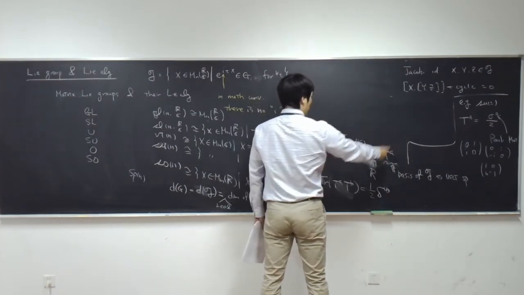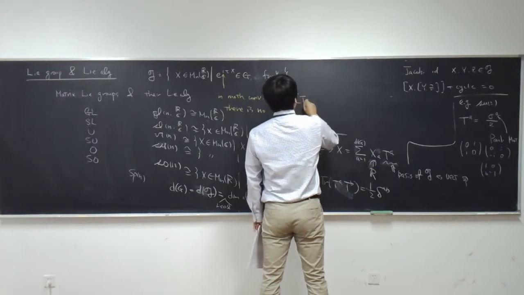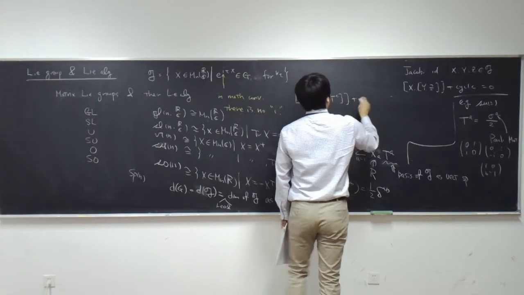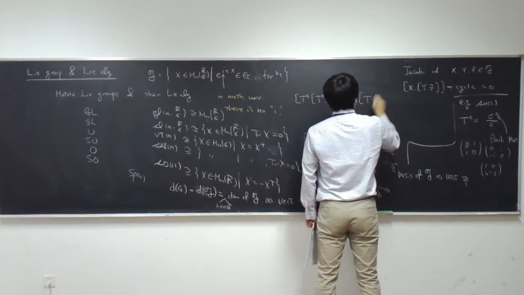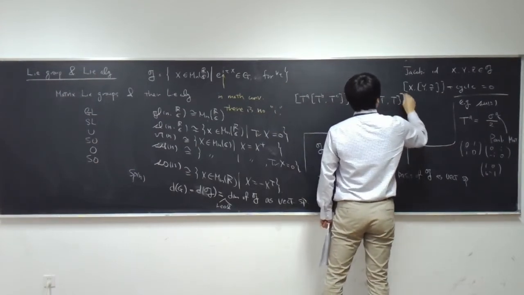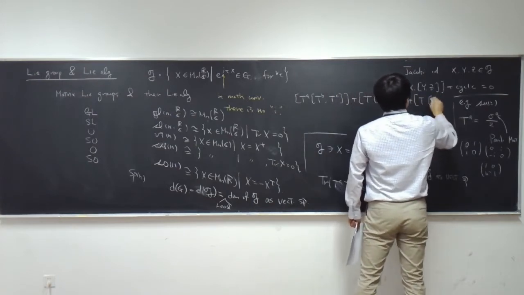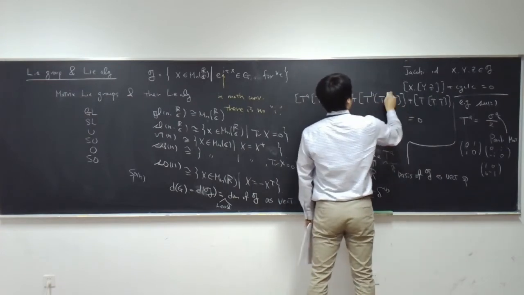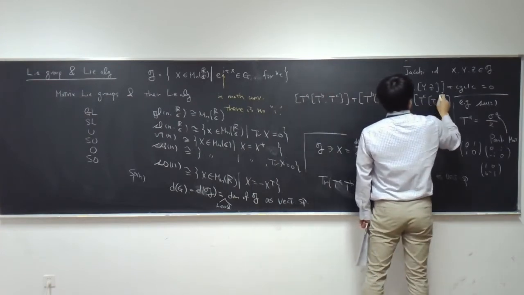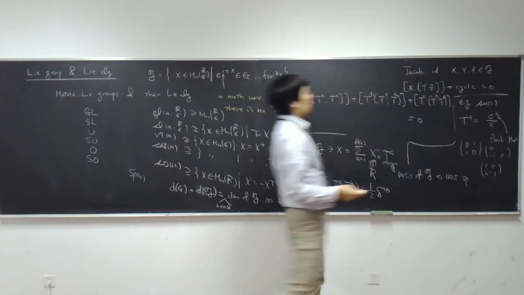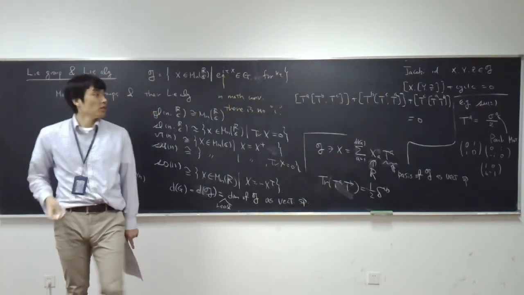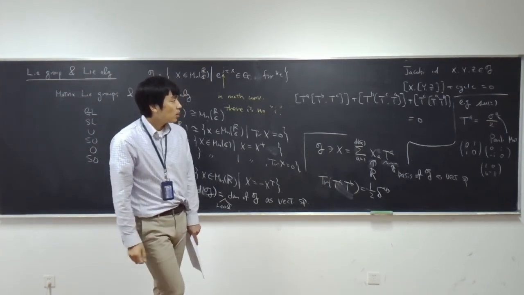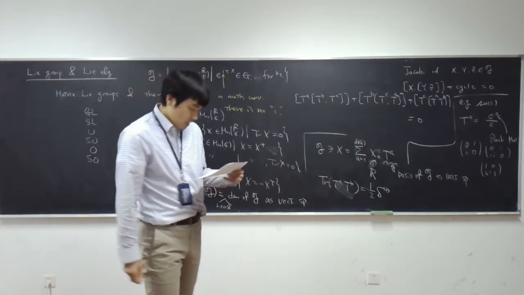The Jacobi identity in terms of the basis can be written as [T^a,[T^b,T^c]] plus cyclic is equal to 0, where you just do the cyclic permutations. So that's the Jacobi identity in terms of the basis.